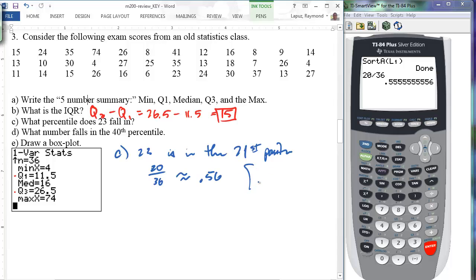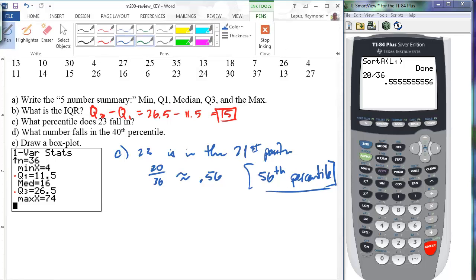So this is going to give us the 56th percentile. So that's part C.